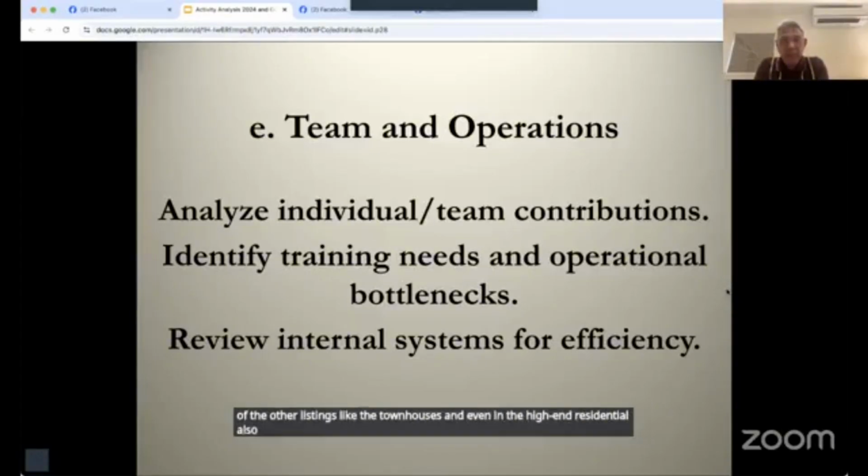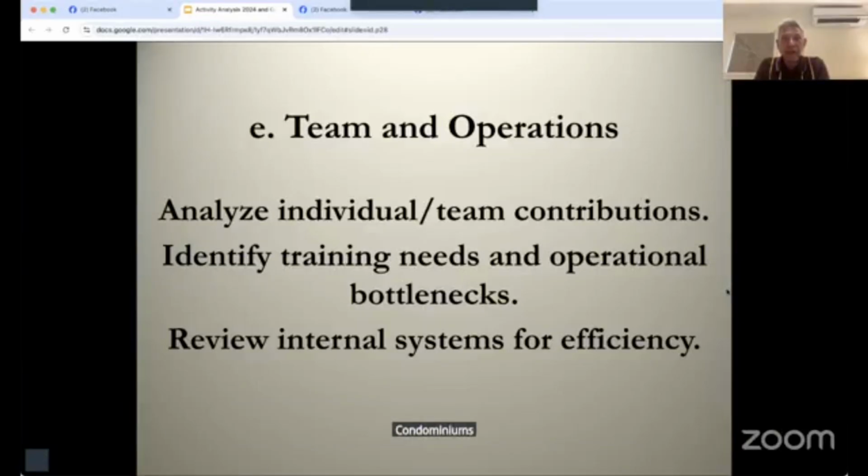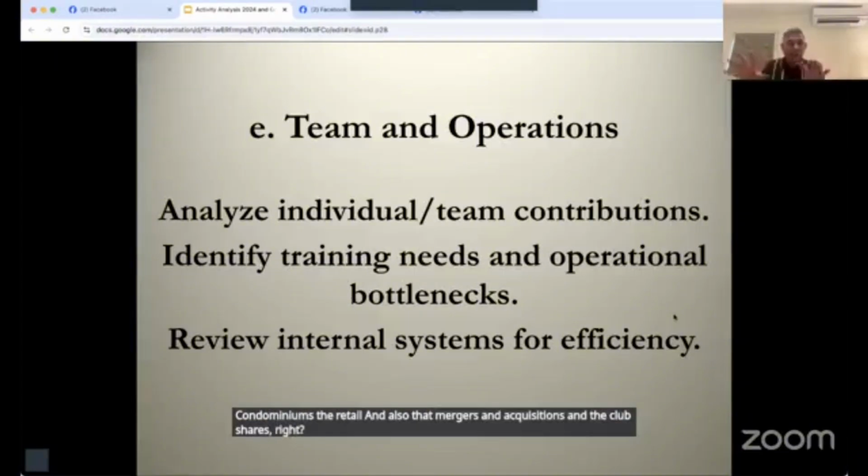And Chini, who does the condominiums, the retail, and also the mergers and acquisitions and the club shares. So they all have their own specialization. I see their contributions. I see what is new business.